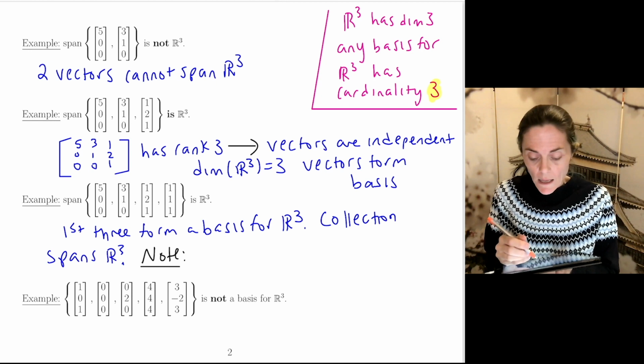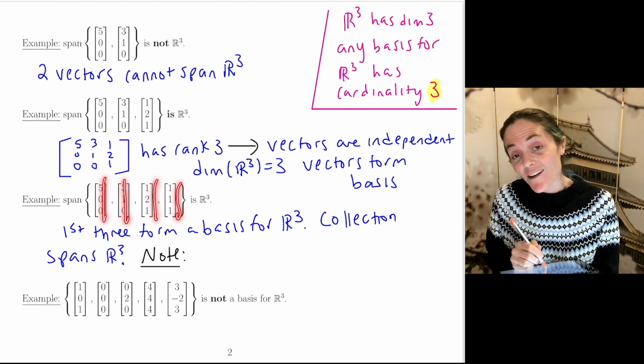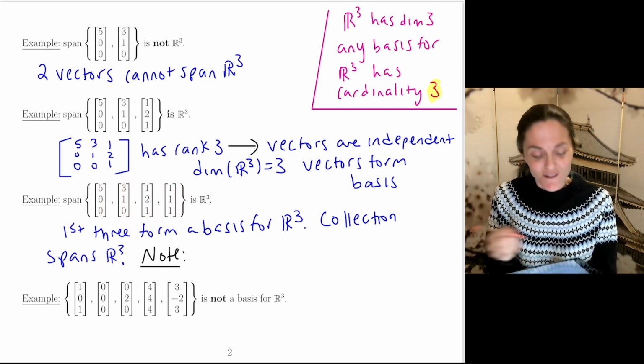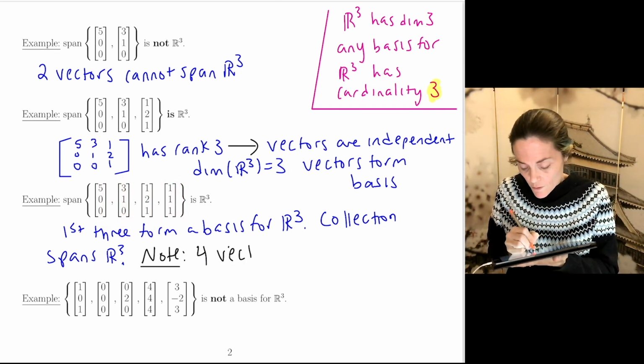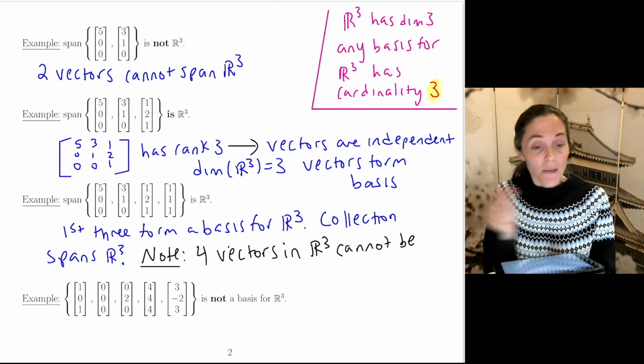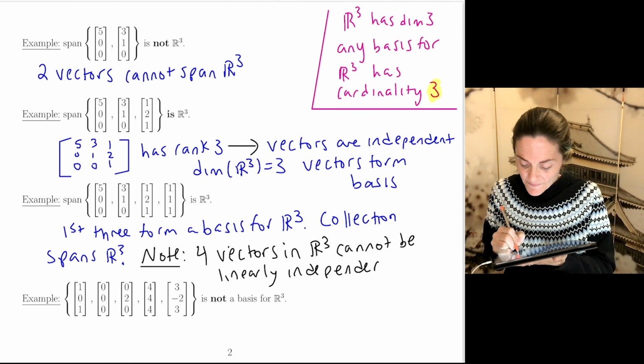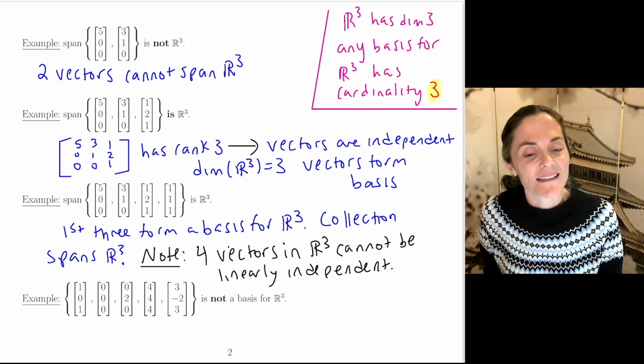It's too many. You could see that if you put these as columns in a matrix, that matrix will not have rank 4. It can't because there's only 3 rows. 4 vectors in R3 cannot be linearly independent, but they still span perfectly fine because the first 3 span. That was an important comment.